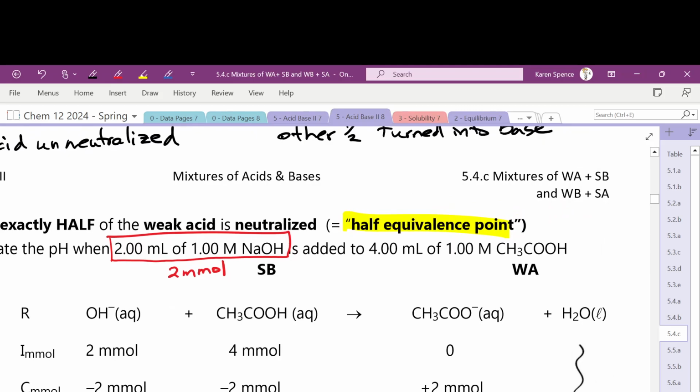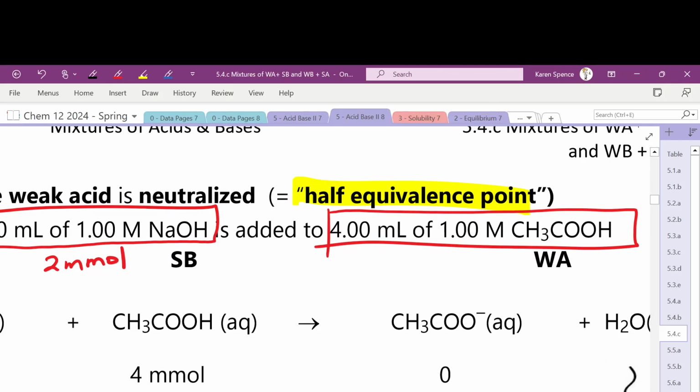We've added that NaOH to 4 milliliters, twice the volume of the same concentration. Yes? So how many millimoles is 4 milliliters of 1 molar? That is 4 millimoles.